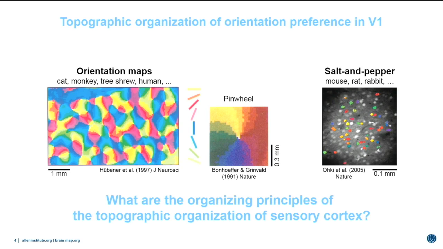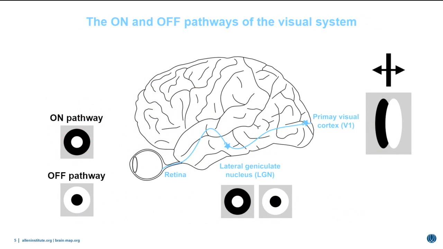And this is what this talk is about. I think we now finally understand much better how these maps are organized, at least in these species which have orientation maps. So this brings me to the specific questions.